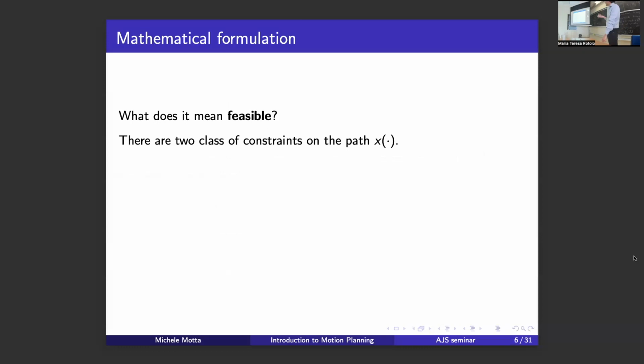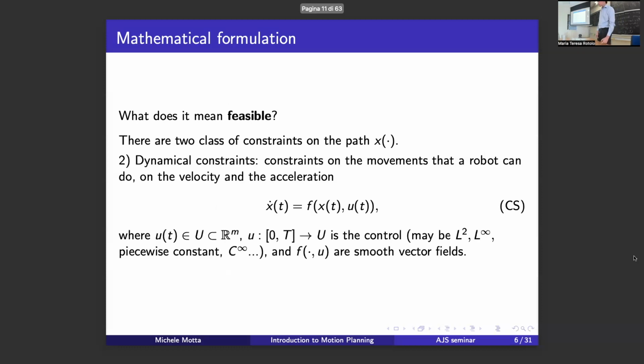But we also have another class of constraints on our path, which are dynamical constraints. Indeed, usually robots or other machines cannot move in any direction, so they have constraints on the motion. These can be modelled very well using control theory.